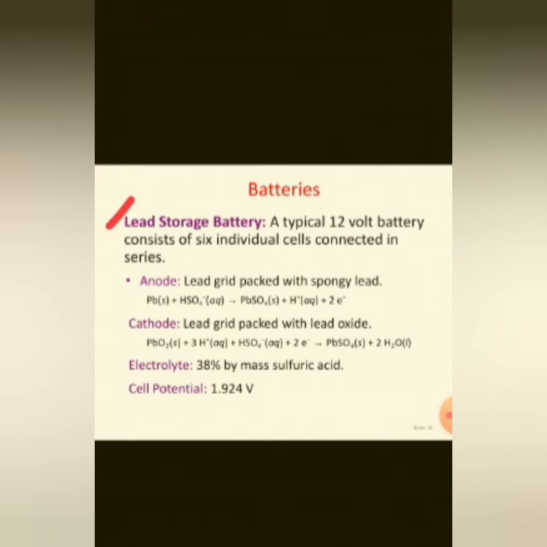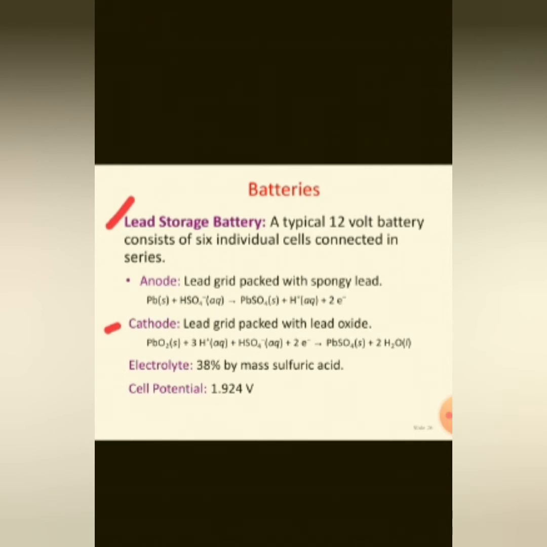A 12-volt battery consists of 6 individual cells connected in series, and the overall cell reaction can be divided into two half cells: anodic half cell reaction and cathodic half cell reaction.